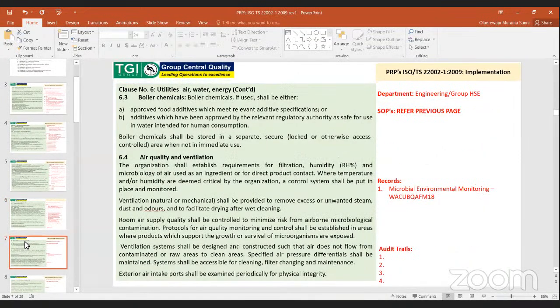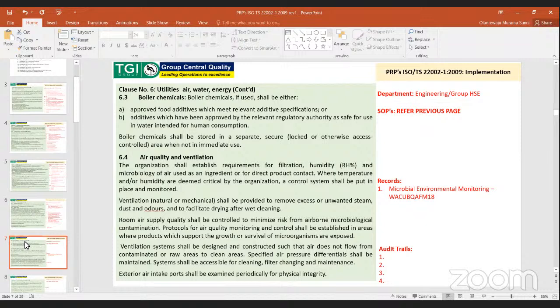Then also, continuation of utility. We have boiler chemical, and we have air quality and vents, which I've mentioned in the previous slide. Where we have boiler chemical, the standard is saying the chemical should be approved for safety, with relevant additive specifications.